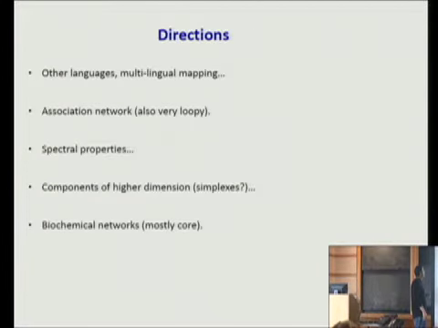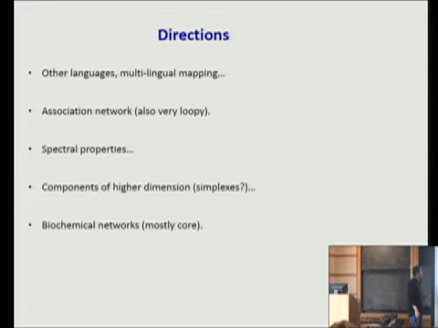It's an interesting thing. Apart from loops, you can look at components of higher dimension. Here I got a suggestion from Niels Bass to study simplexes in this big network.